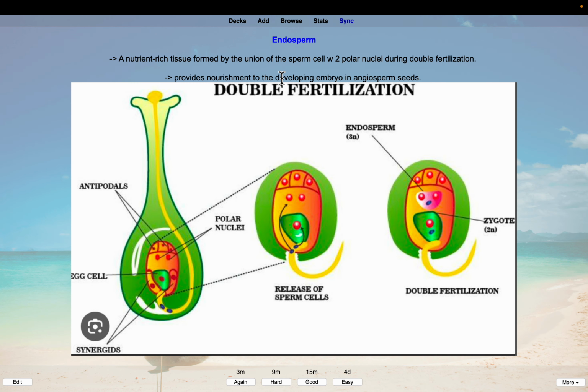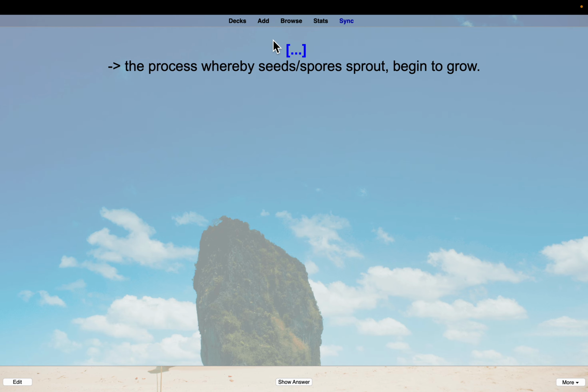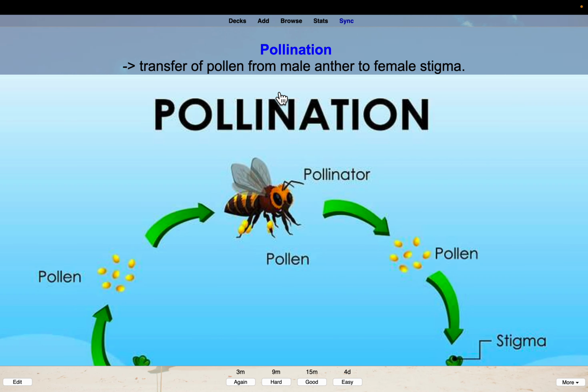It's the endosperm. Blank is the process whereby seeds or spores sprout and begin to grow. This is germination. Blank is a transfer of pollen from male anther to female stigma. Pollination.